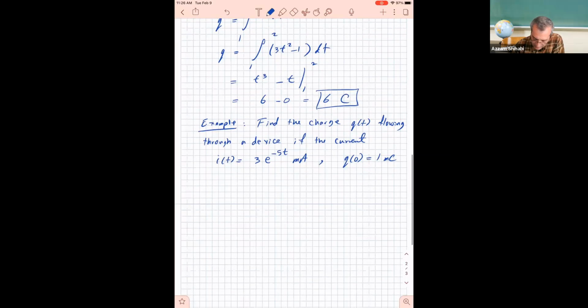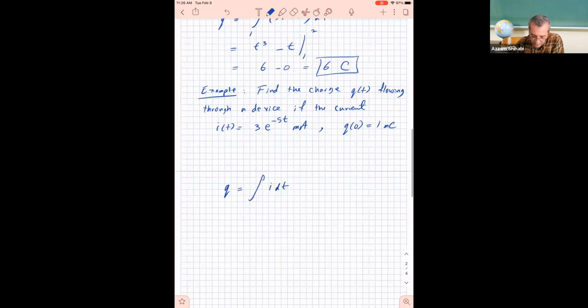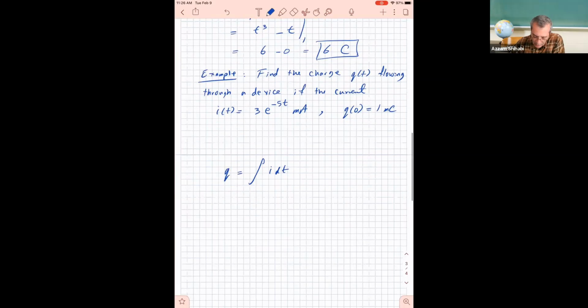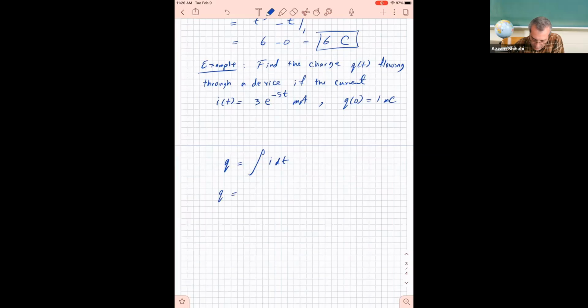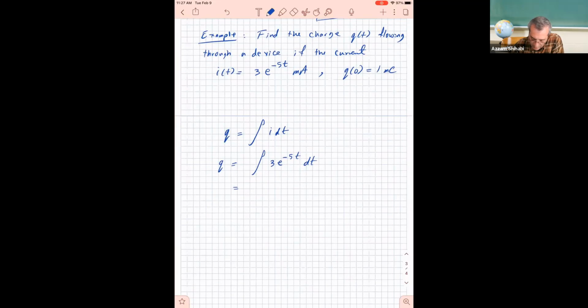So again, we write our relation. Q is the integral of I dt. We need to integrate. So Q is the integral of 3 e to the minus 5t dt. We integrate. Integral of e to the minus 5t is e to the minus 5t over negative 5, right?